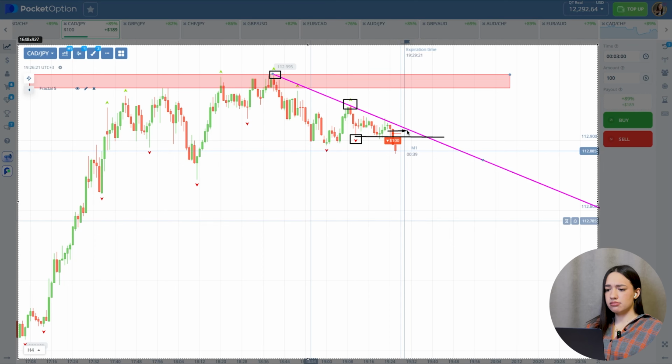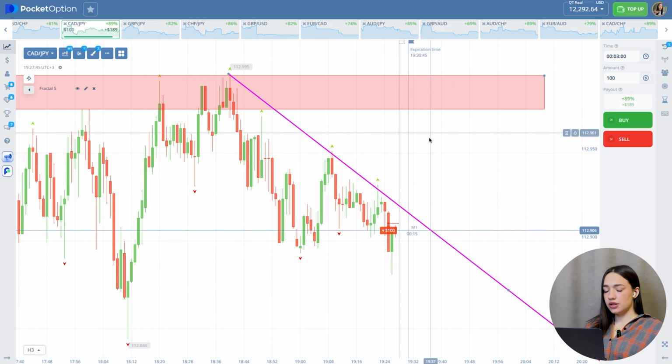So this is exactly what we just talked about in theory, that breaking the previous fractal can lead to further movement. Here we have a potentially downward trend, a breakout of the previous local low, and further downward dynamics. So we are watching the result.